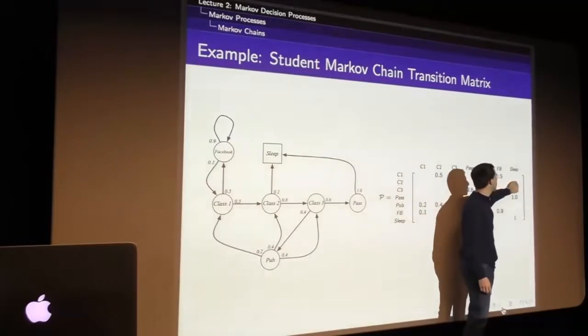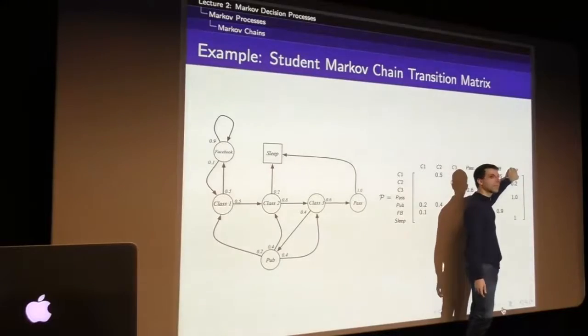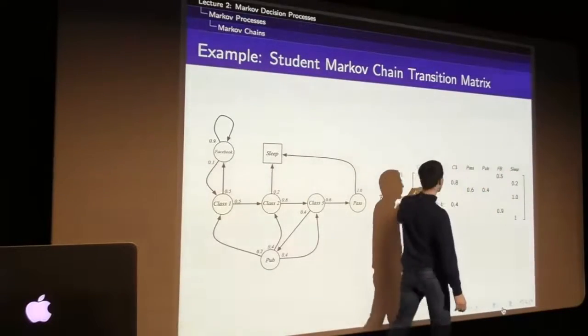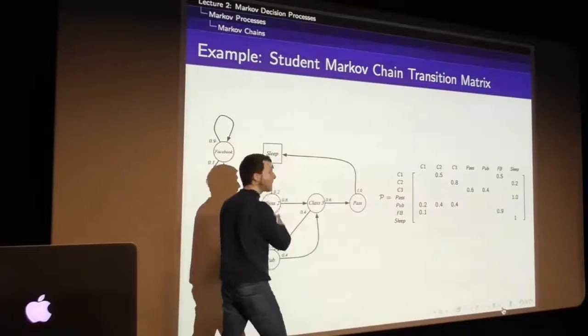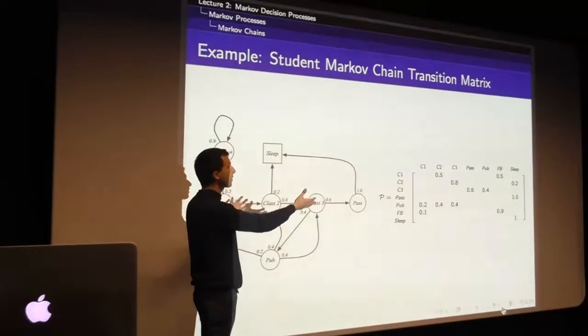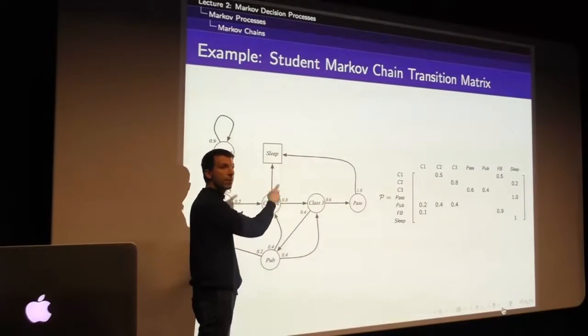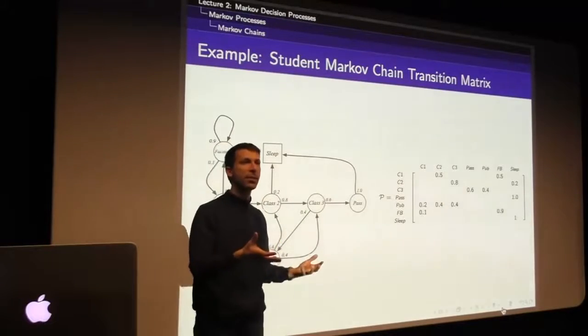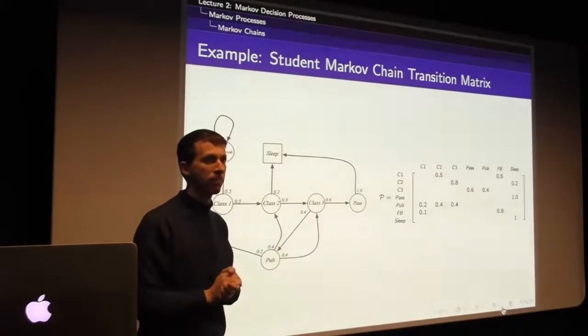And there's also a 20% chance of transitioning to the sleep state. If we look at all of the rows together, that fully describes the entire dynamics of the system. Once we have this matrix, we're able to sample repeatedly from it and get our sequences of states out of this Markov process.